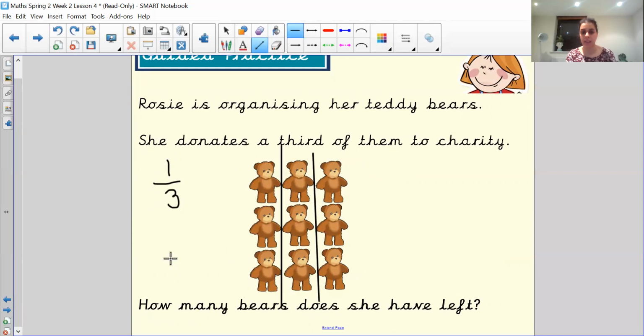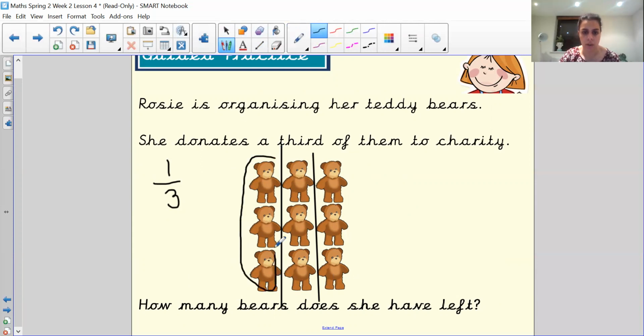However you find it easiest. So split them into 3 equal groups. She's donated 1/3 of them to charity. So that means one whole section is gone to charity. How many does she have left? 1, 2, 3, 4, 5, 6. She has 6 left. Okay, let's keep going.